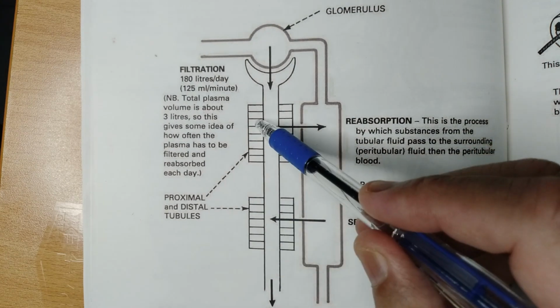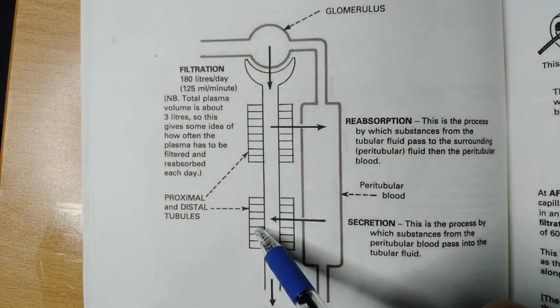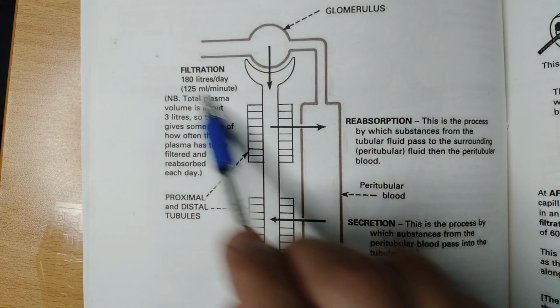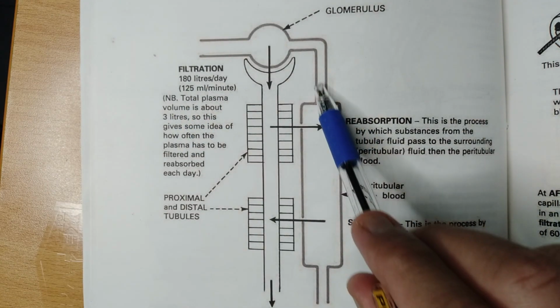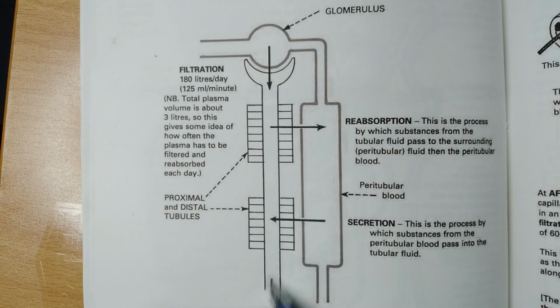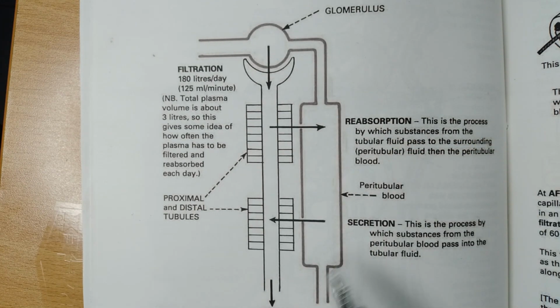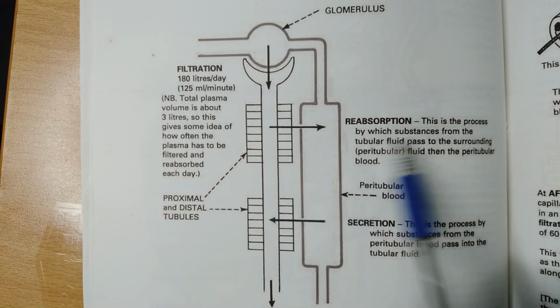This is the proximal and distal convoluted tubule, and these are collecting ducts. So, filtration takes place in the glomerulus. This is the tubule and this is the bloodstream. You can see reabsorption is the other process.